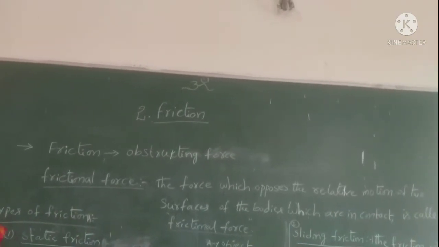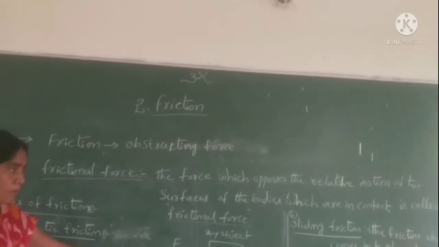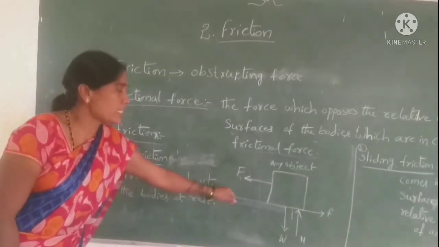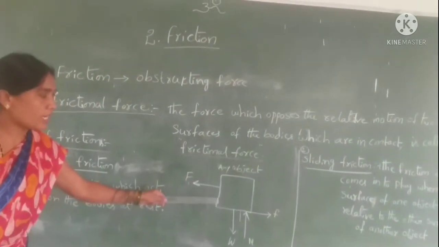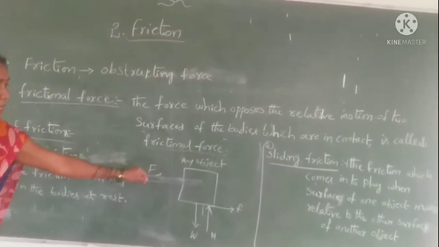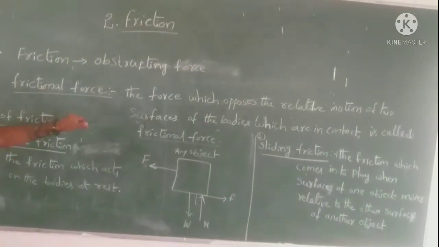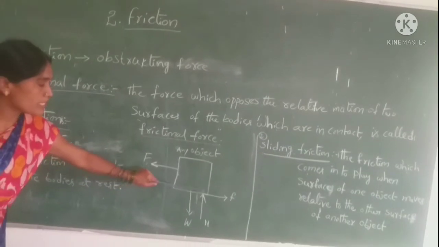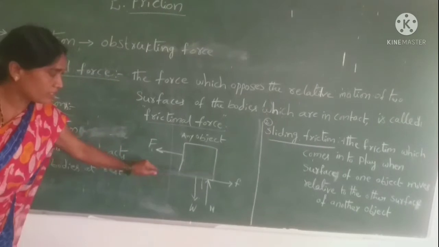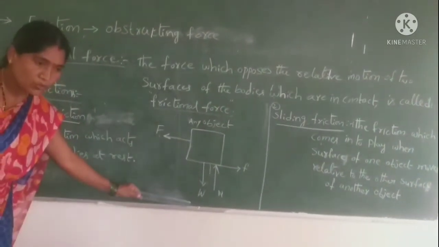Any object at rest has different types of forces acting on it. All of you see, it is any object, a wooden block or any book, you imagine. We apply some force in this direction. The frictional force is opposite to the applied force. The weight of the object, denoted W, acts vertically downward.